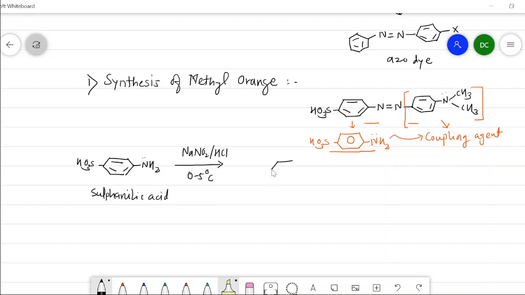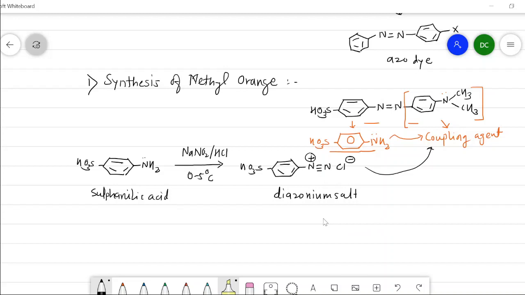So here we get SO3H, then N double bond N, I will write here triple bond, then Cl minus, here there is a positive charge. In this way, we get a diazonium salt from sulfanilic acid, and when this diazonium salt is coupled with N,N-dimethylaniline, we get methyl orange.